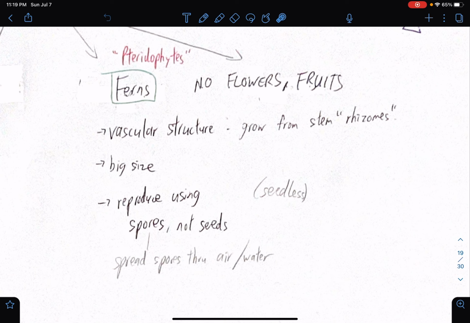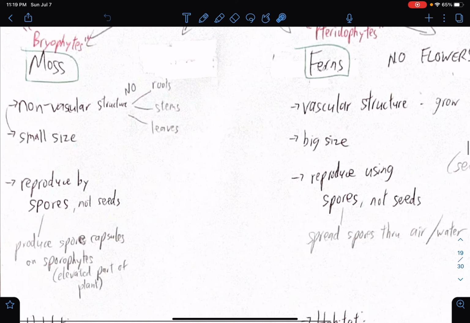But if they don't have a vascular structure, they're smaller. So what do I mean about vascular structure? Basically, the presence of a phloem and xylem, instead of diffusion. If a plant has a vascular structure, they are able to carry out water transport and nutrient transport on a larger scale.